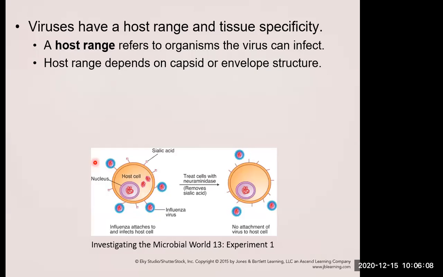So that's going to depend on the most exterior structure because, again, we need to attach to infect. If you are not enveloped, that attachment is going to be on your capsid protein, so the spike. If you are enveloped, it's going to require some sort of a ligand on your envelope to attach to a host cell. So it's your outside.